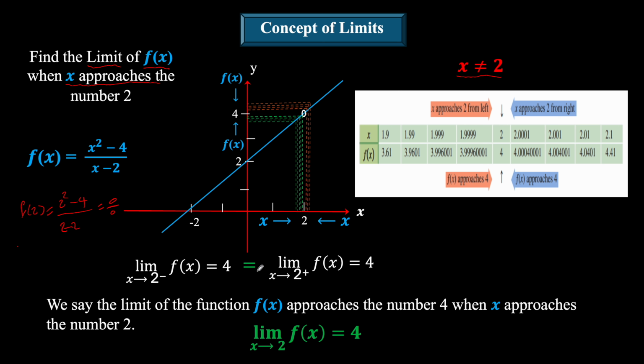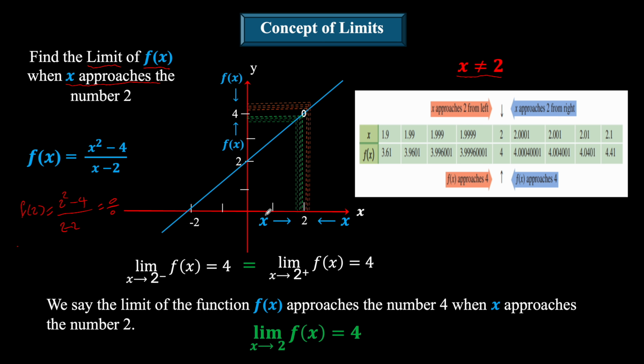So this is very important. X is always approaching a number, and at the same time, the limit when x is approaching from the left and right side of a number, the limit of f of x has to be the same.